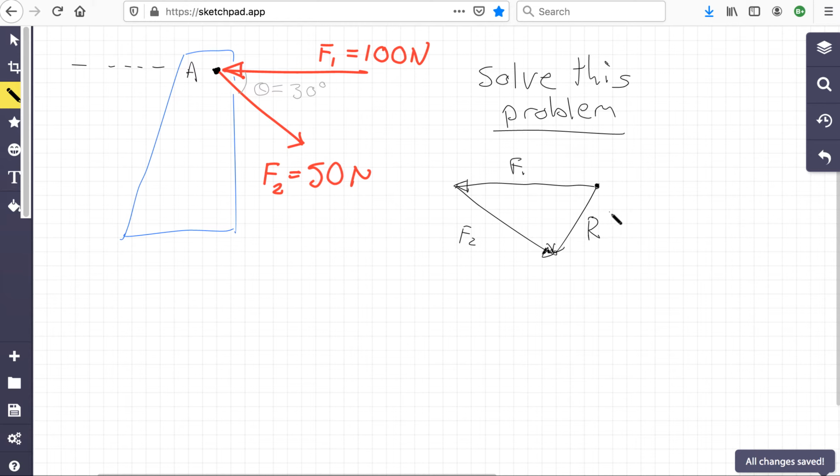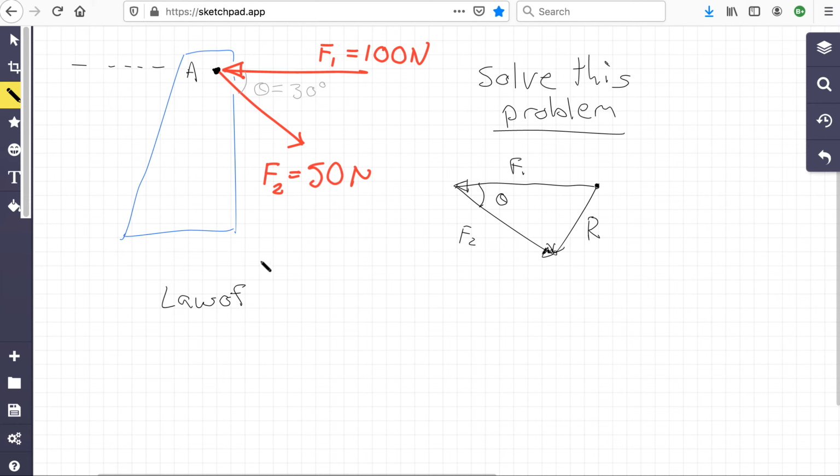There are multiple ways to do this. We can add the x and y components together, and that's one way to do it. But this should look like a triangle now, with theta at 30 degrees, so we want to use what's called the law of cosines.